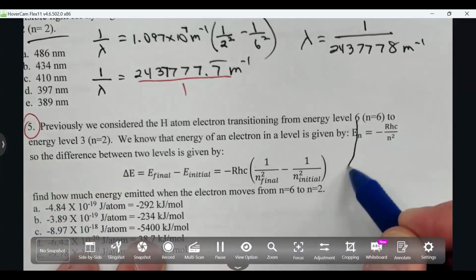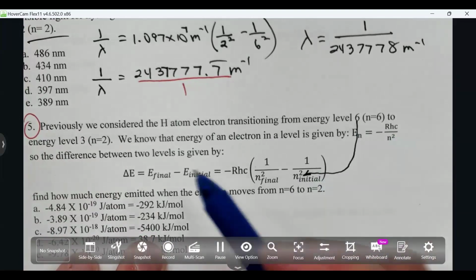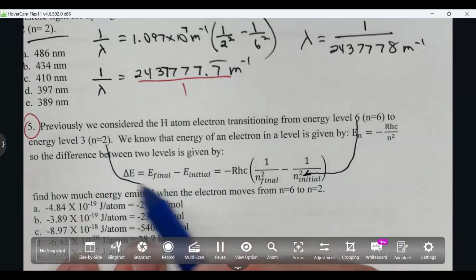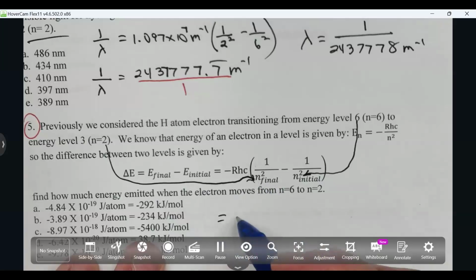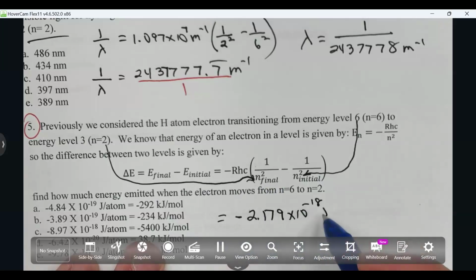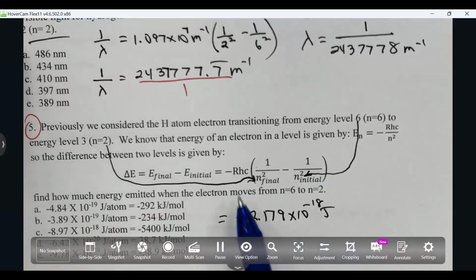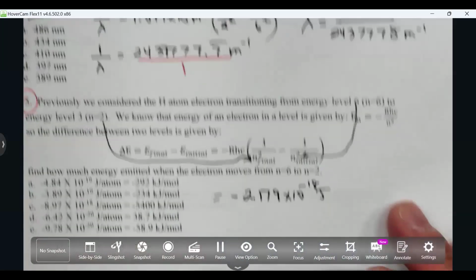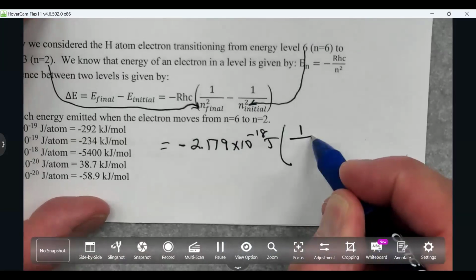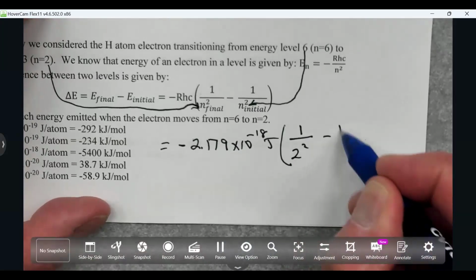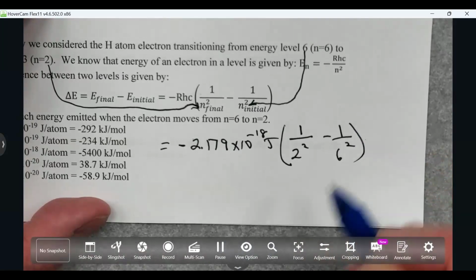It's going to start at 6 and come down to 2. So this is going to equal minus 2.179 times 10 to the minus 18 joules. That's what RHC is. And then we've got 1 over 2 squared minus 1 over 6 squared.